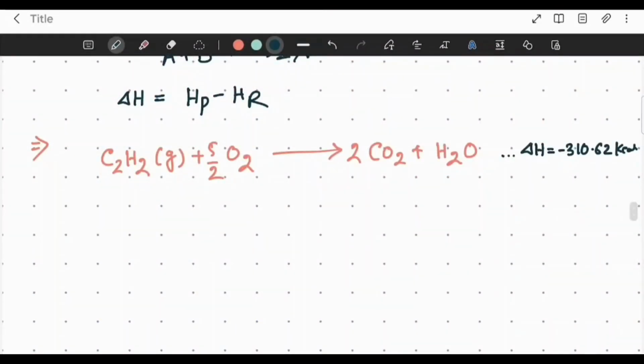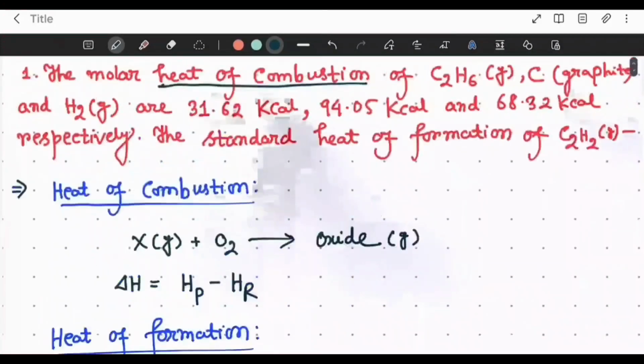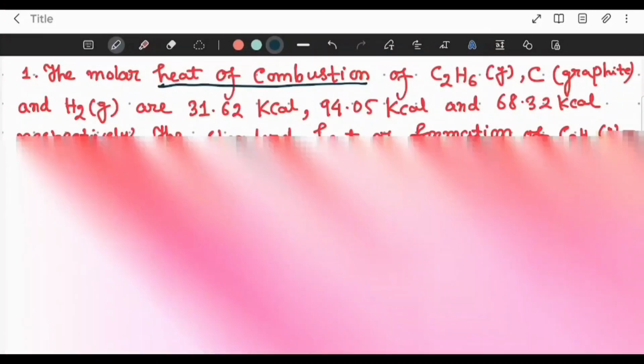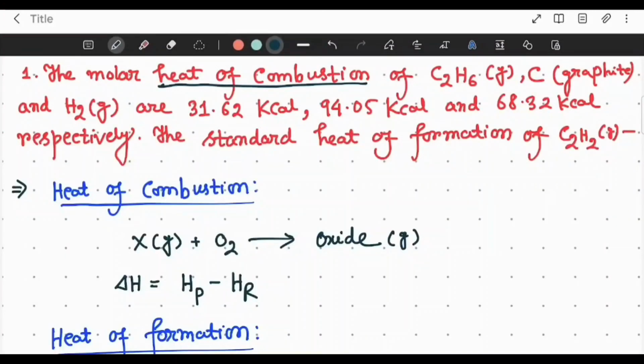So that's why the minus sign will be there. It is not absorbed by the system. This amount of heat is coming out from the system to the surrounding due to the process of combustion. So that's why there should be a minus sign. Whenever we are talking about the heat of combustion, you must include the minus sign, because combustion means that the heat is generating. So you have to take care to account for that minus sign.